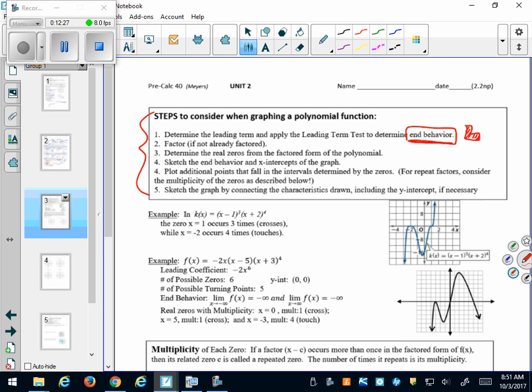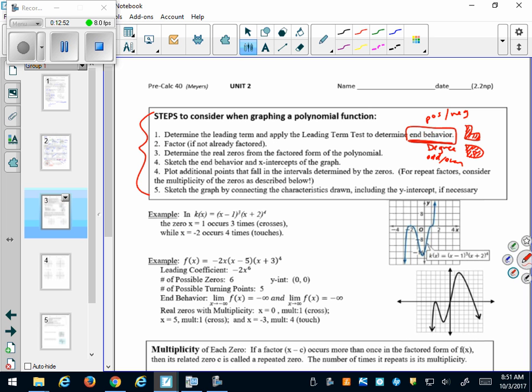So the end behavior is affected by the coefficient, whether it's positive or negative. But it's also affected by the degree. That's my D, degree. Odd or even also affects the end behavior, right?